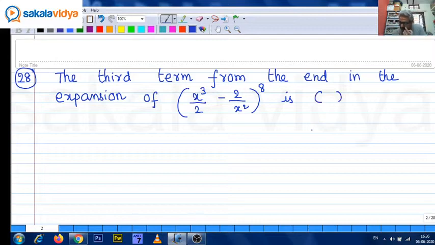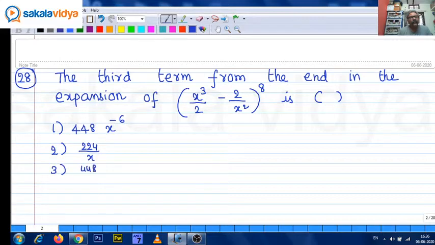First option 448 x to the power of minus 6, second option 224 upon x, third 448 upon x, fourth option 224 times x to the power of minus 6.